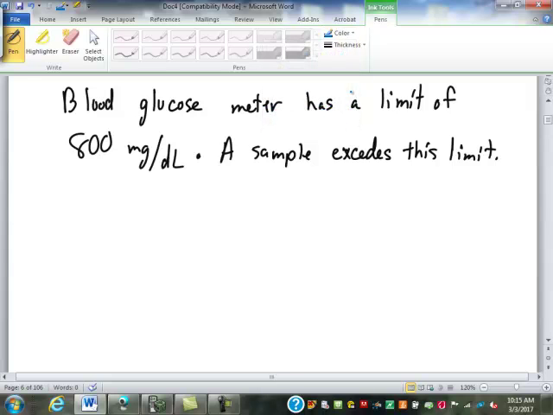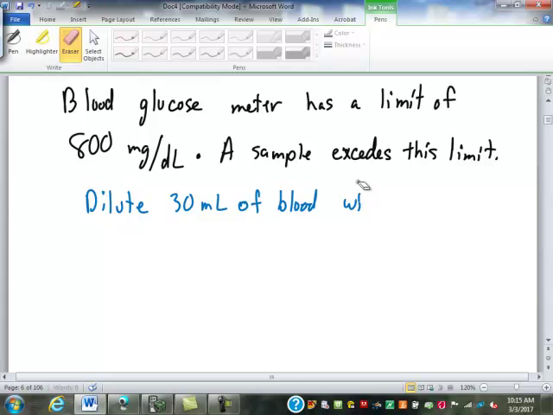So what we are going to do is we are going to dilute 30 milliliters of blood with 90 milliliters of sterile water, of NS.